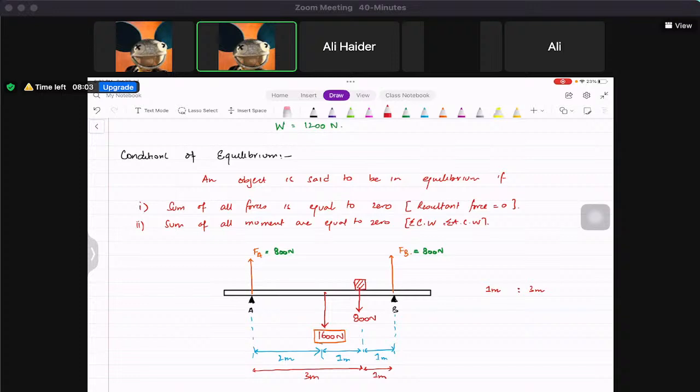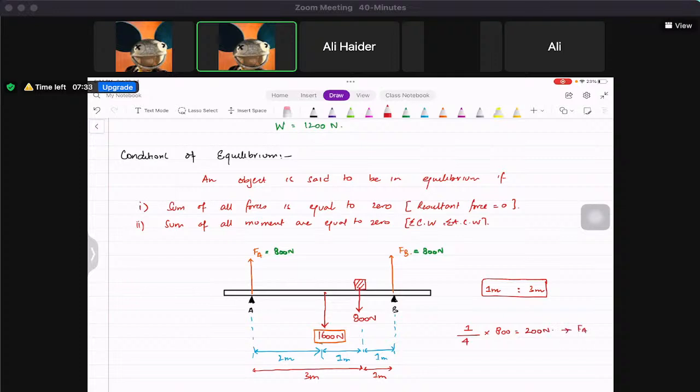You always add these two, and apply the inverse ratio. What I mean by this is that if I say 1 on top and the total number is 4, multiplied by 800, this is going to be 200, right? Is it clear? Which means that this force will be transferred to A.